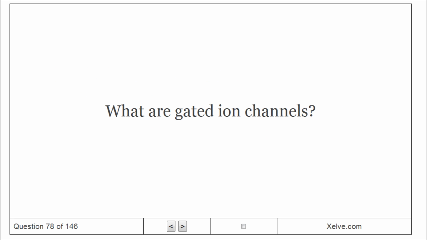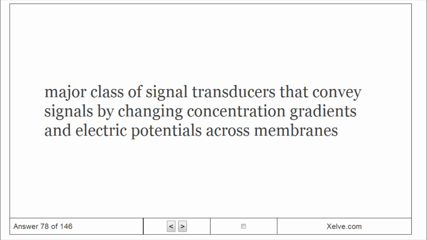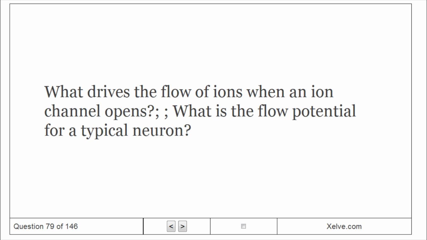What are gated ion channels? Major class of signal transducers that convey signals by changing concentration gradients and electric potentials across membranes. What drives the flow of ions when an ion channel opens? What is the membrane potential for a typical neuron?